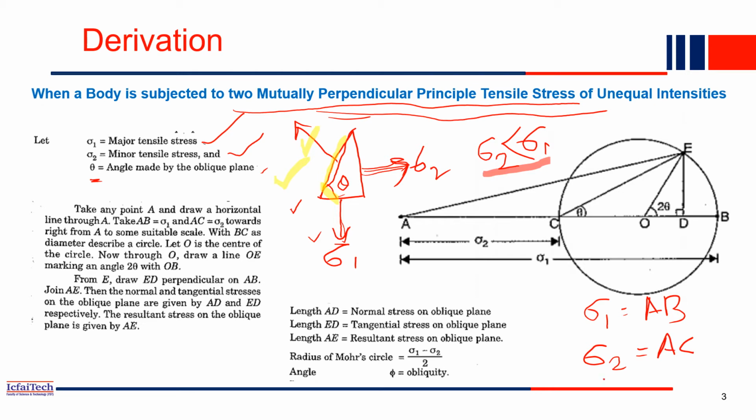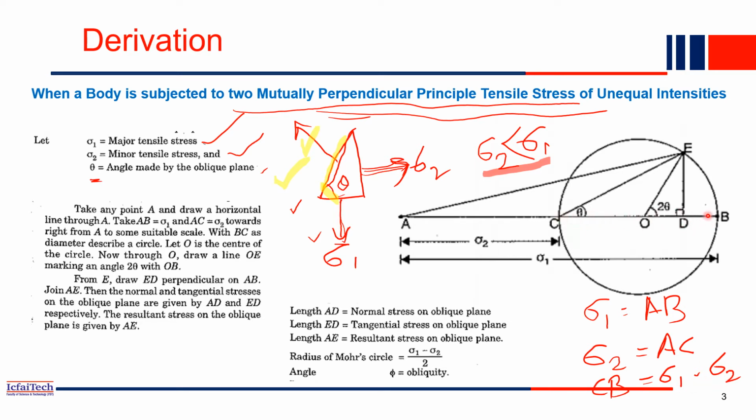C to B will be sigma 1 minus sigma 2. So this portion I am talking about, C to B, is sigma 1 minus sigma 2.